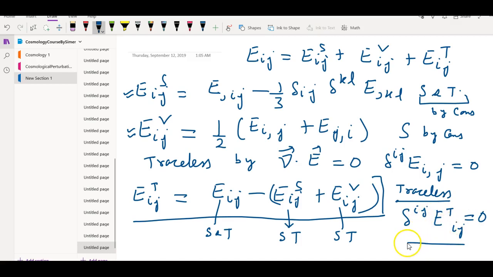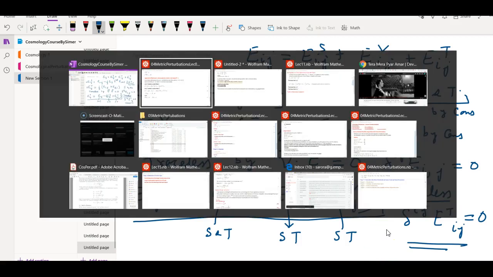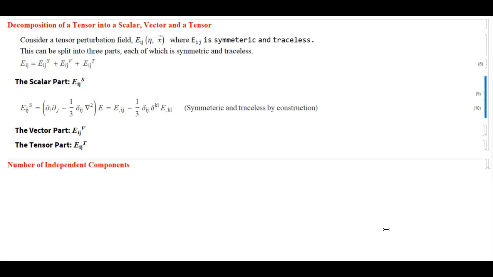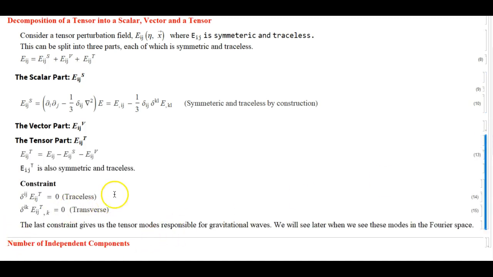Yeah, this is 0. This is a constraint from traceless. Let me double check. I think this is right.